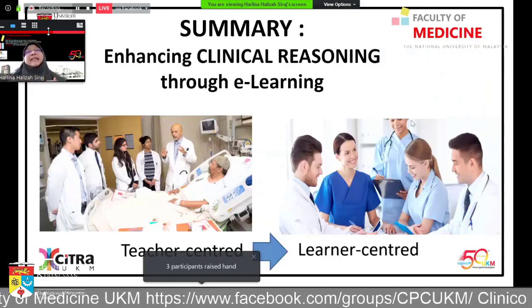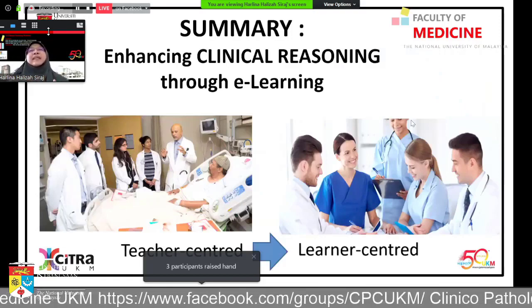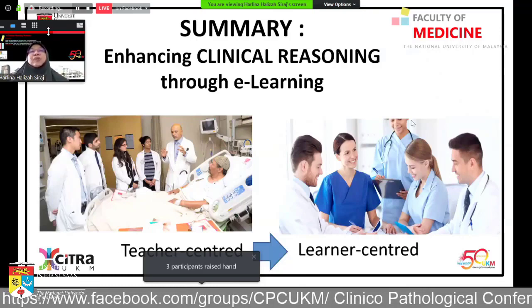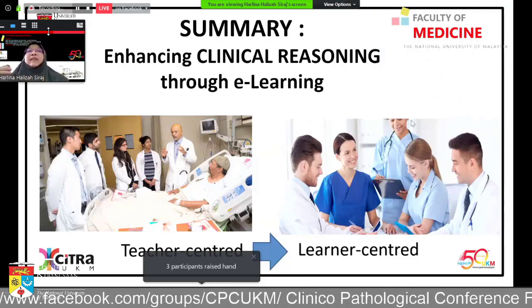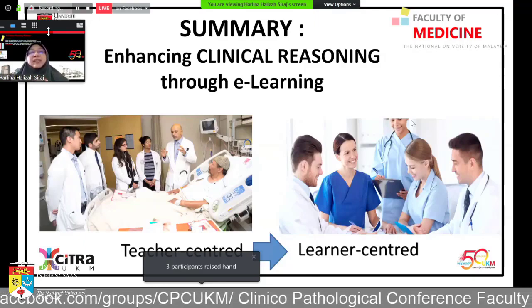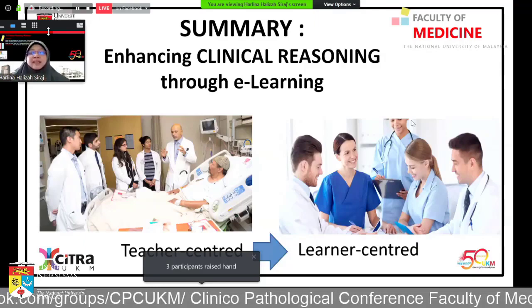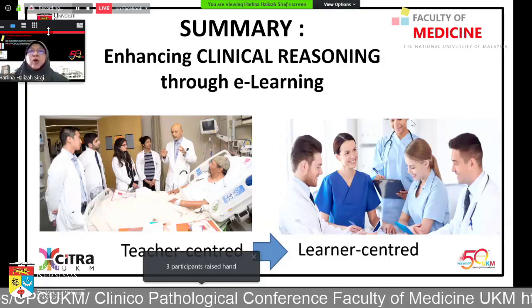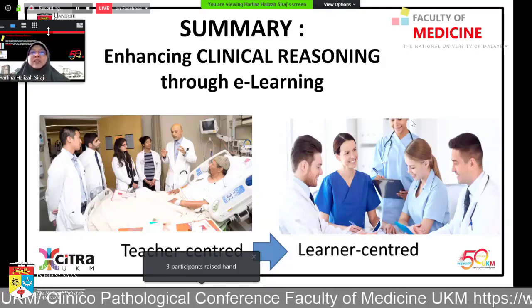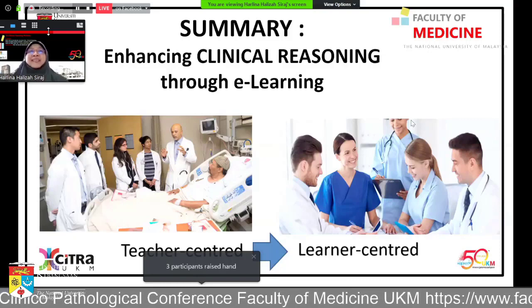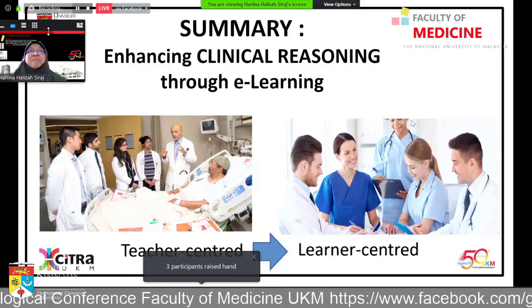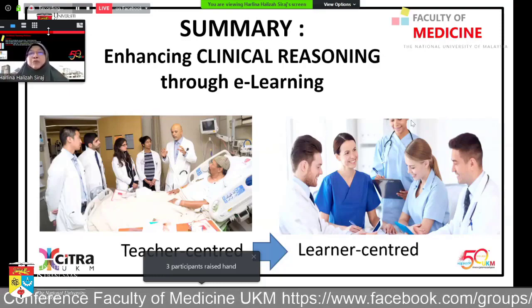So finally, ladies and gentlemen, enhancing clinical reasoning through e-learning is basically trying to be more learner-centered. The technology is there, and it can bring out a very insecure feeling among your students. I really totally understand. But you know what? This is a very exciting time, and we will become co-learners with our students.